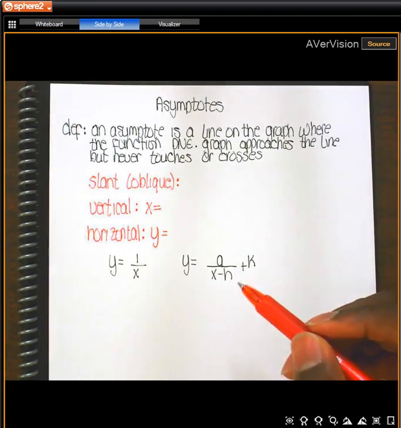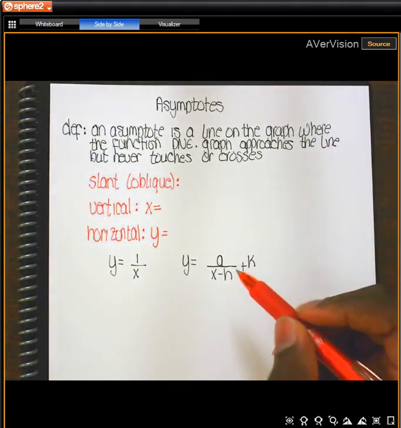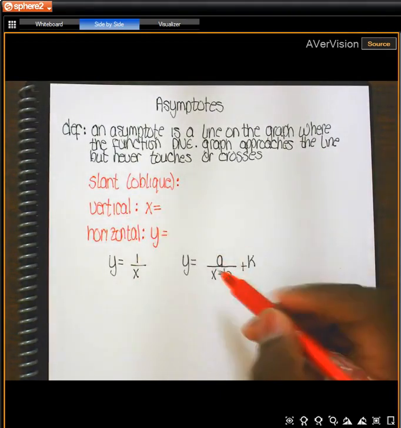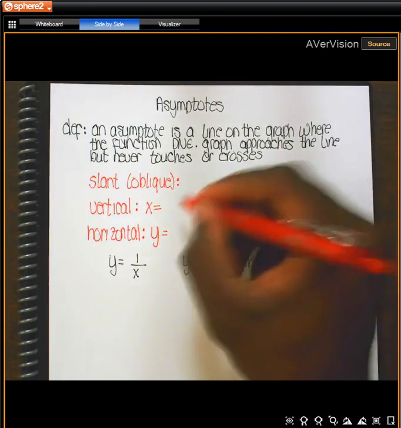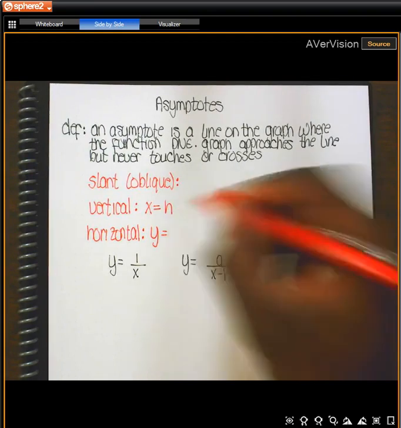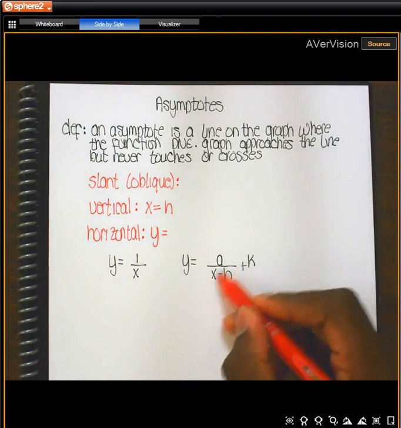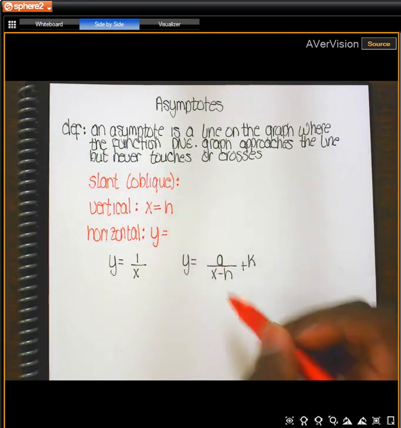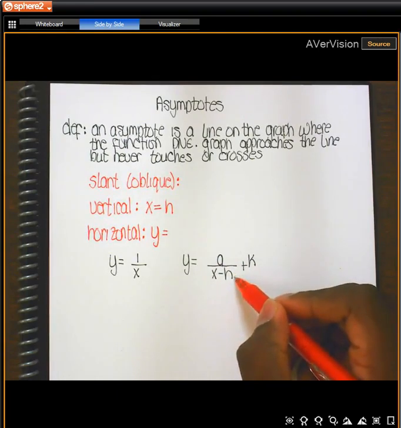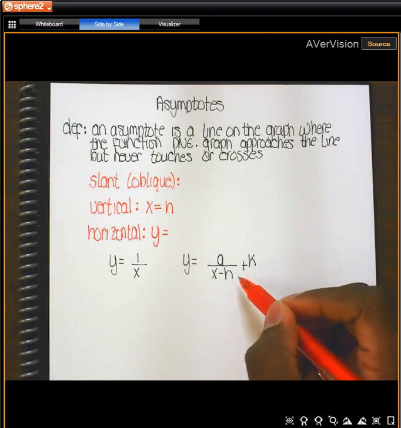So when you're given a transform function, your vertical asymptote is going to be equal to h. So if we set the denominator equal to 0 and solve, we get x is equal to h. Why do we have to set it equal to 0 to solve it?